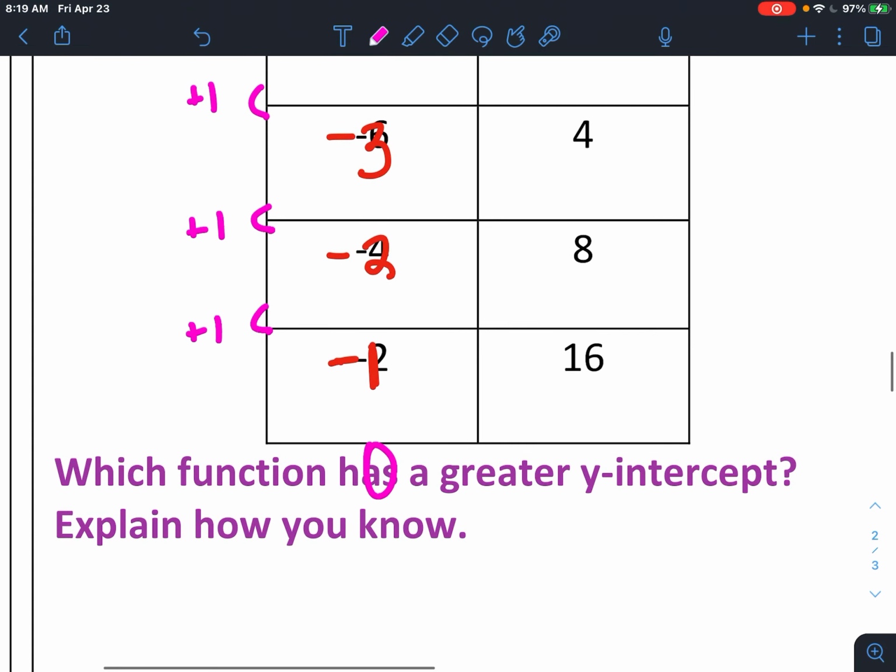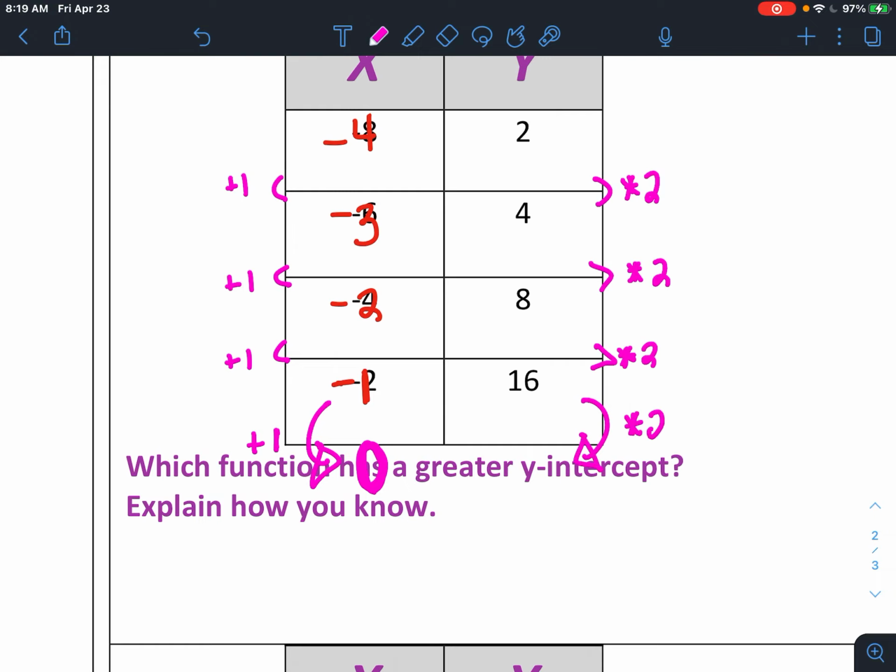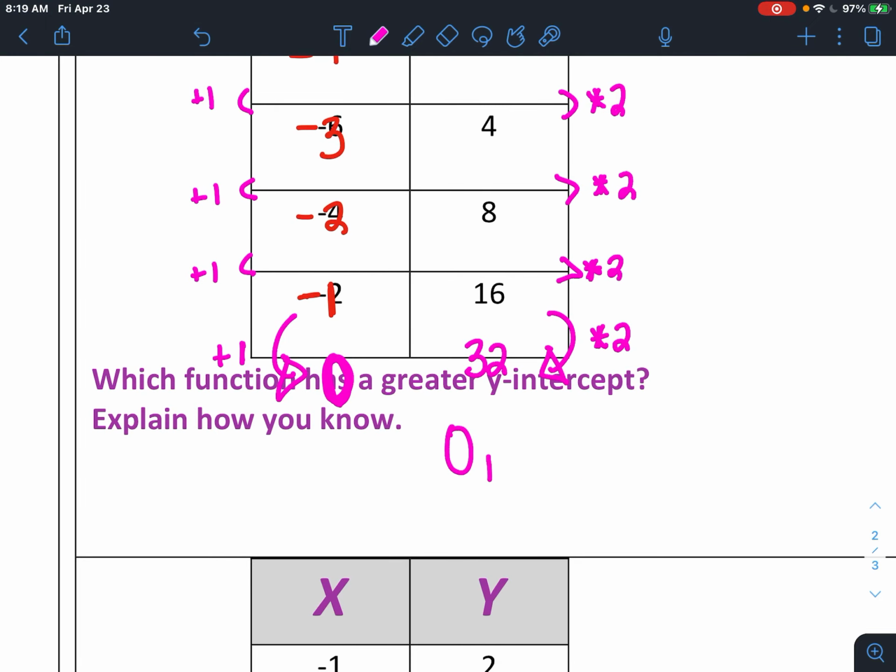I need to find when x equals 0. Okay, so we're adding by 1 each time. So from -1 to 0, we also added 1. Okay, then we need to find our y value. So here we multiplied by 2, multiplied by 2, multiplied by 2. So to find our missing number, we are again going to multiply by 2. That would give us 32. So this y-intercept is 0, 32.